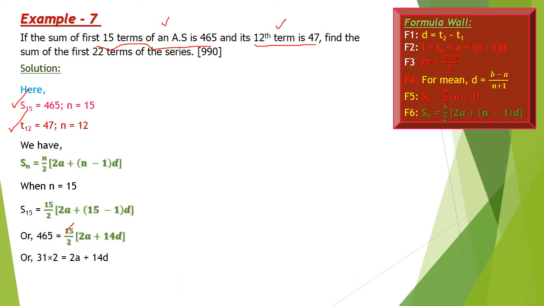15 ones are 15, 30 ones are 30. Or 62 is equal to 2, we can take 2 common, a plus 7d. Now we can cancel this 2 and 30, the 62 also, it is 31 times.